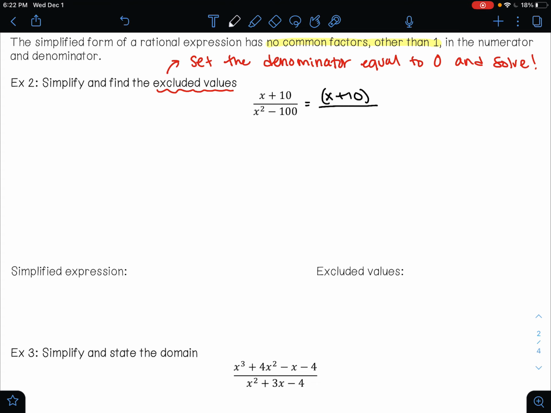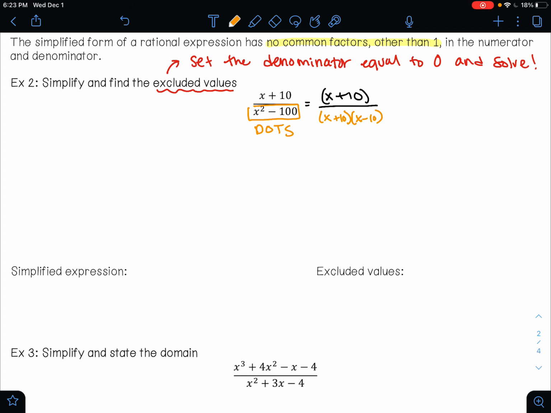In my denominator, I have x squared minus 100. This is a difference of two squares. In this first term, x is being squared. And in the second term, 10 is being squared. So remember, a difference of two squares, if you have a squared minus b squared, you can factor that as a plus b times a minus b.